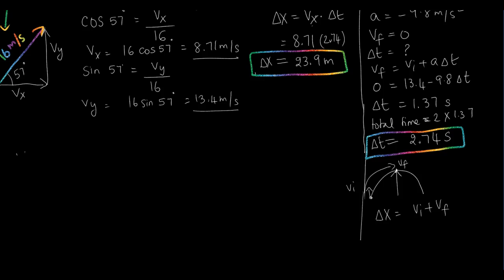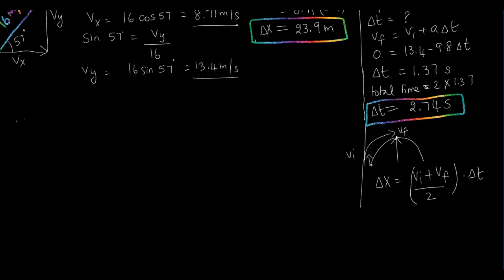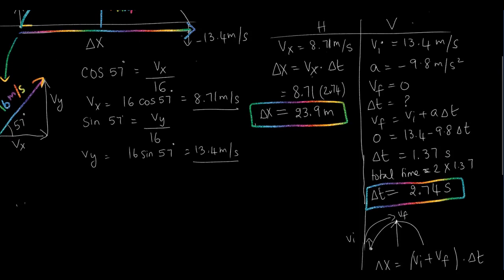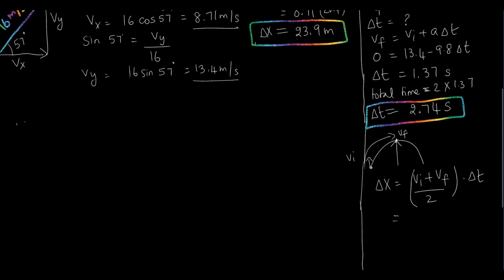Displacement is average velocity times time. Let's see if you know how to substitute correctly. So our starting velocity is, that is correct, we need to use the vertical velocity, so that is 13.4. Our final velocity at the top is, yes, vertically it is 0, divided by 2 times time.